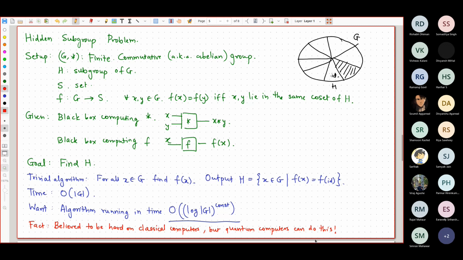In order to understand how this is done, you first obviously need to understand what groups are, otherwise it's just not possible. Now, let's assume that you have a quantum algorithm which does this, and let's see whether you can use that algorithm to solve more practical problems in computer science. This is like a heavy hammer which we will use to solve several other problems, and we'll just see one or two of them in today's class.